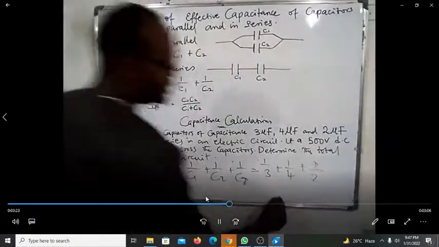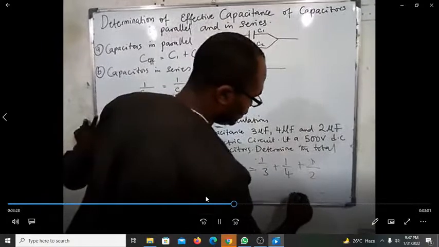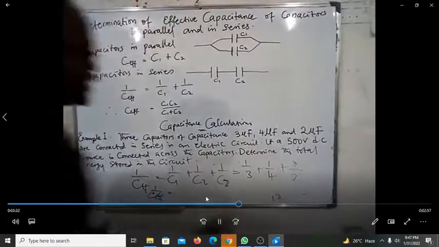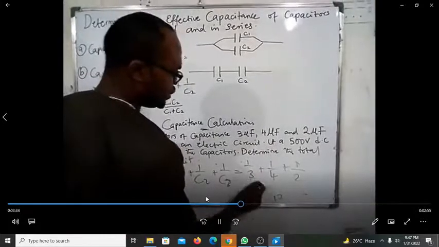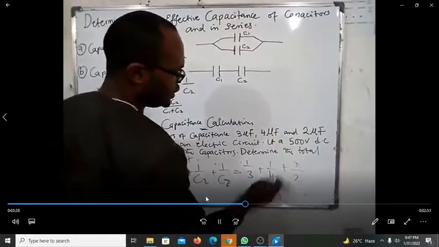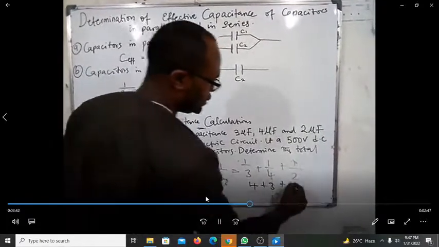How can you add this up? You get the LCM of 3, 4, and 2, and that is 12. So 12 divided by 3 is 4, 4 times 1, 4 plus. 12 divided by 4 is 3, 3 times 1, 3 plus. 12 divided by 2 is 6, 6 times 1, 6.